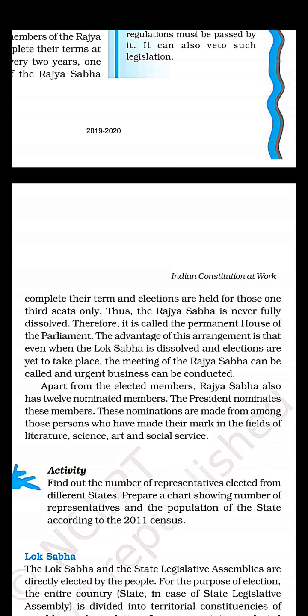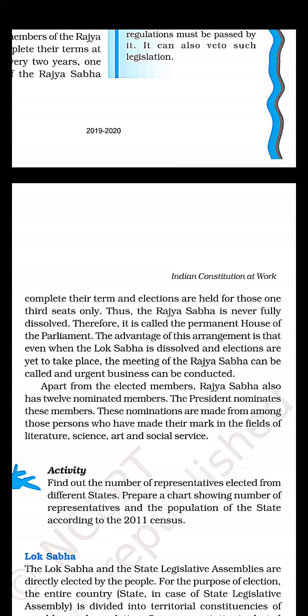Okay. Apart from the elected members, Rajya Sabha also has 12 nominated members, because in Rajya Sabha 250 members are there, 238 from states, and 12 members are nominated by the President of India, who are experienced and accomplished people in their fields.